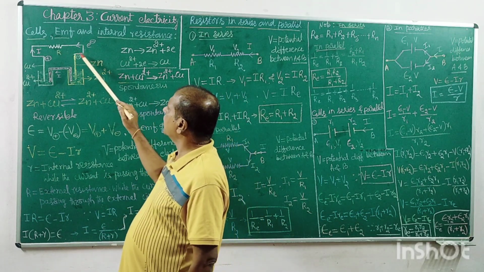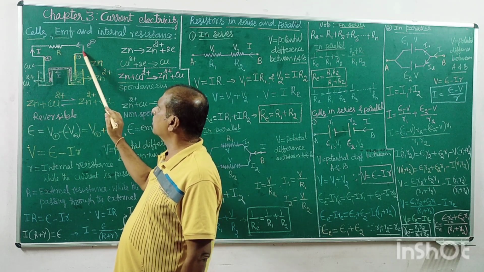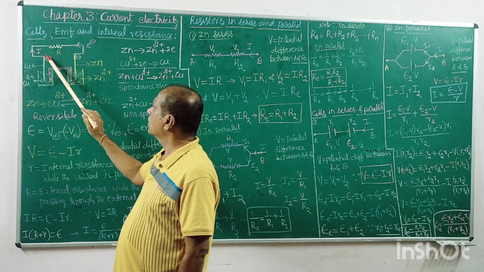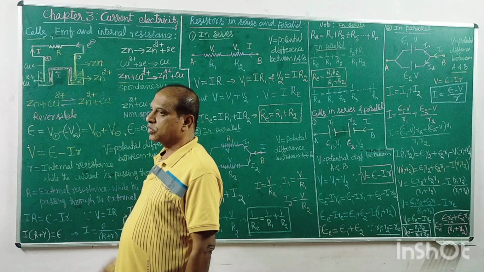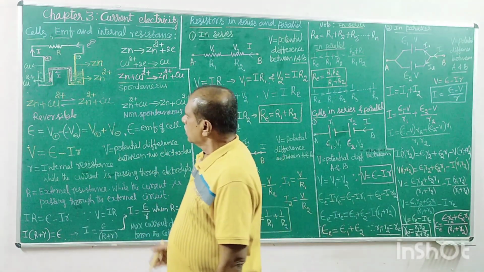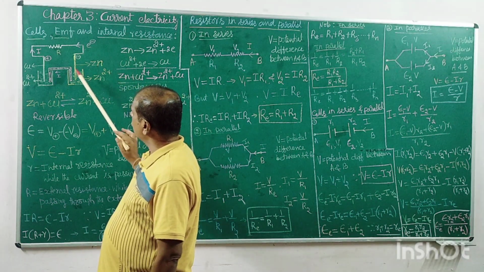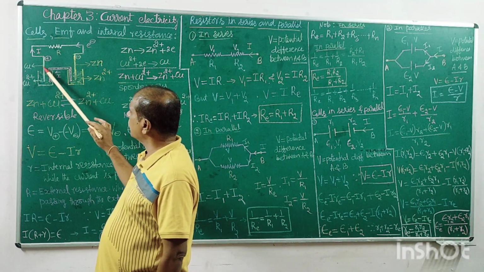So when you give a connection between these two by a conductor, an electronic conductor, only electrons can flow. An electronic conductor is a metal wire. Now can you tell what is the direction of electron flow? Here electron rich, here electron deficient.